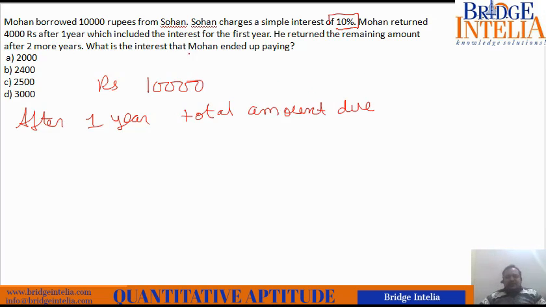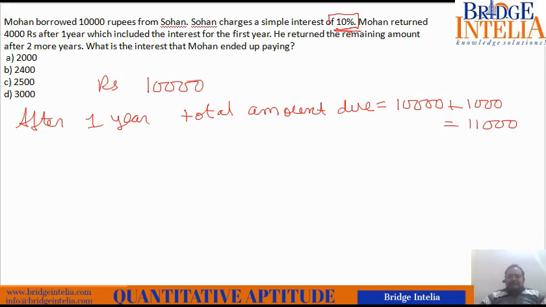So amount due is equal to 10,000 plus 10% of 10,000. That is equal to 11,000. This is the amount due. That means at the end of 1 year, if you pay this amount, the loan will be over.